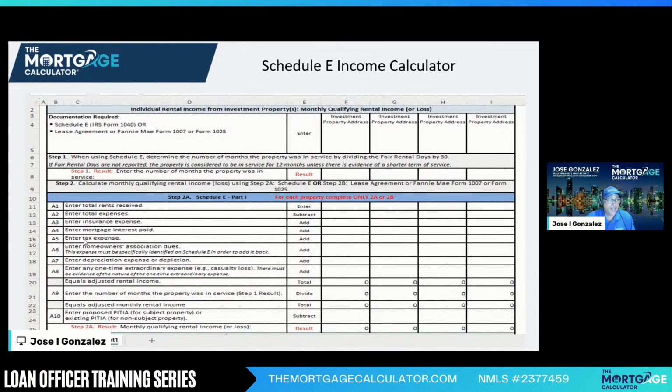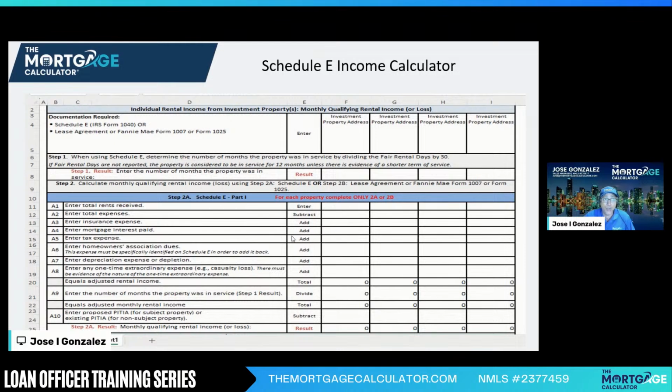And then the tax expense, we're talking about property tax here, not income tax. It would also be added back if it was already included in the monthly payment in a mortgage statement, the monthly payment that they may be making on the current loan they have on that property. If they're not escrowing for insurance and taxes, then you simply would not add anything back.